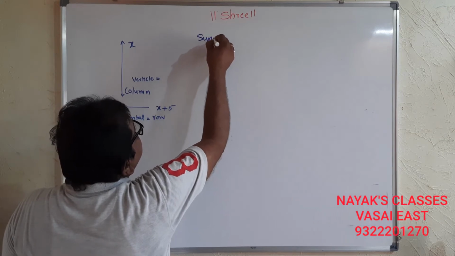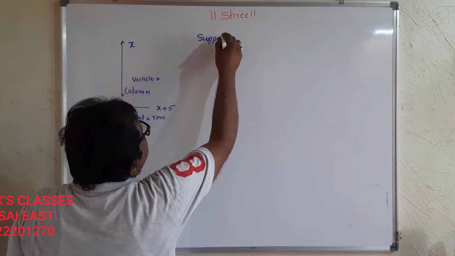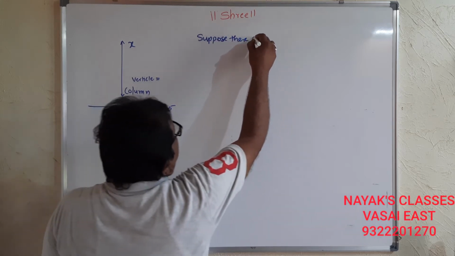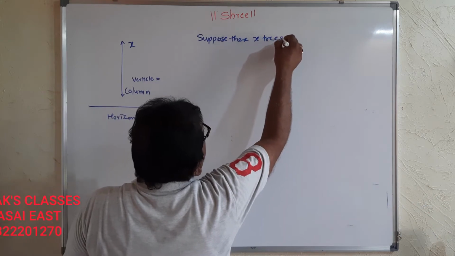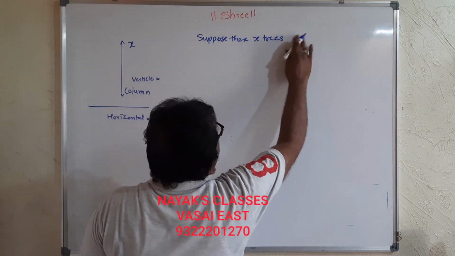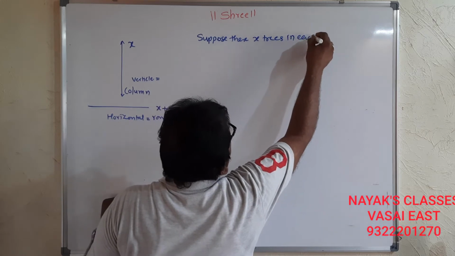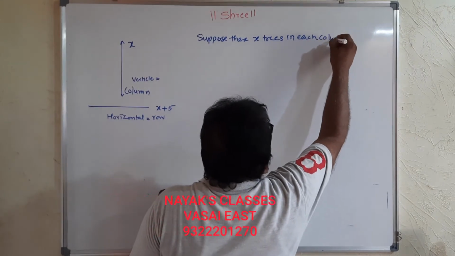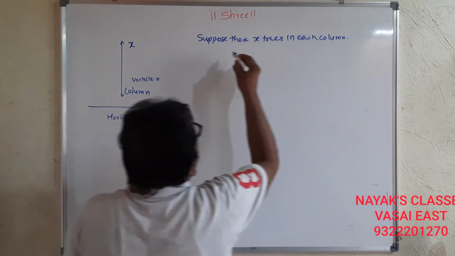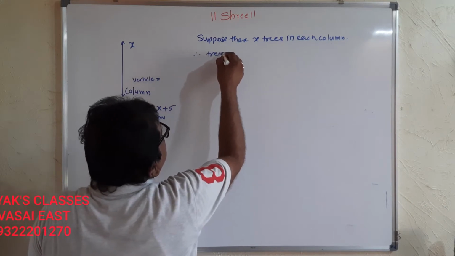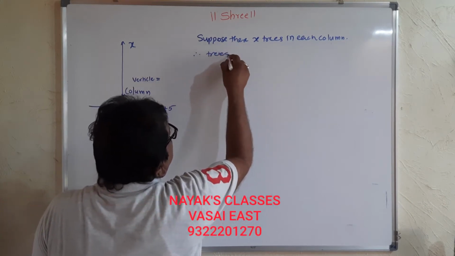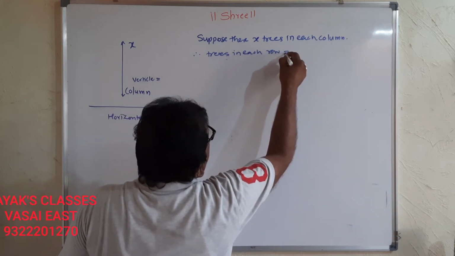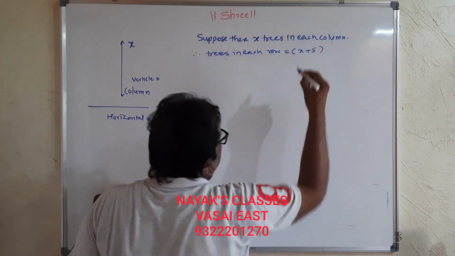Suppose there are x trees in each column. Therefore, trees in each row is equal to x plus 5.